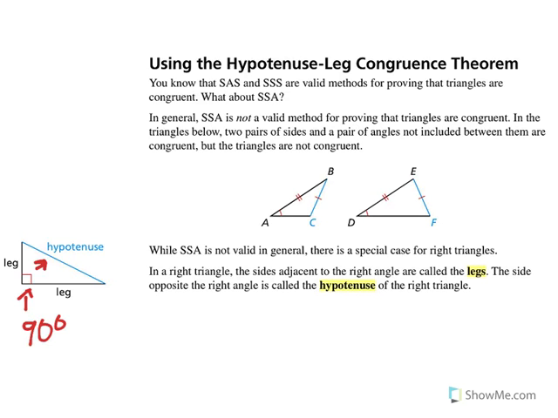Because remember, SAS, even though it's two sides and an angle, means that that angle is between my two sides. So if I have an SAS triangle, say this triangle here, SAS would tell me I have these sides, and then I would have to have an included angle that's congruent.